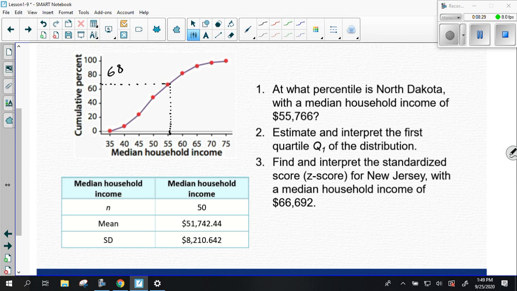So at what percentile is North Dakota with a median income? I would say that North Dakota is at the 68th percentile.